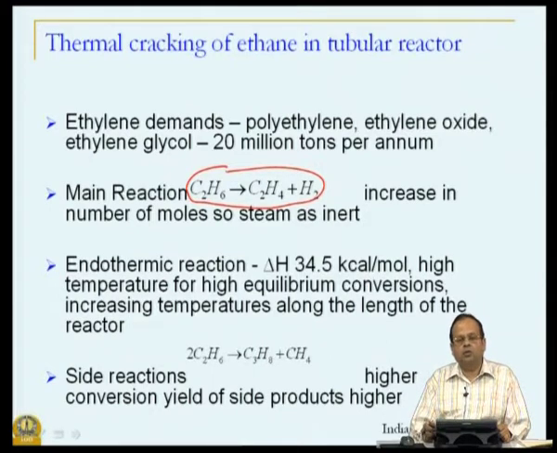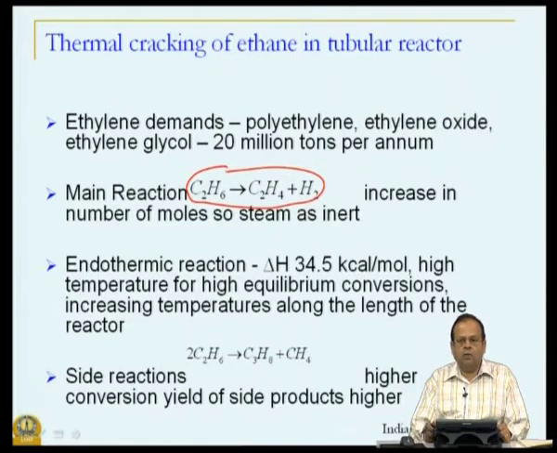We saw how to operate such reactors. In a batch reactor, we would have to progressively increase the temperature as a function of time, or in a tubular reactor that would translate into increasing temperatures along the length of the reactor. Even if you do not want to increase the temperature, because this reaction is endothermic, as the reaction takes place, and if you are not trying to control the temperature, there will be a natural tendency for the temperature to go down, because the reaction will take away energy from the system.